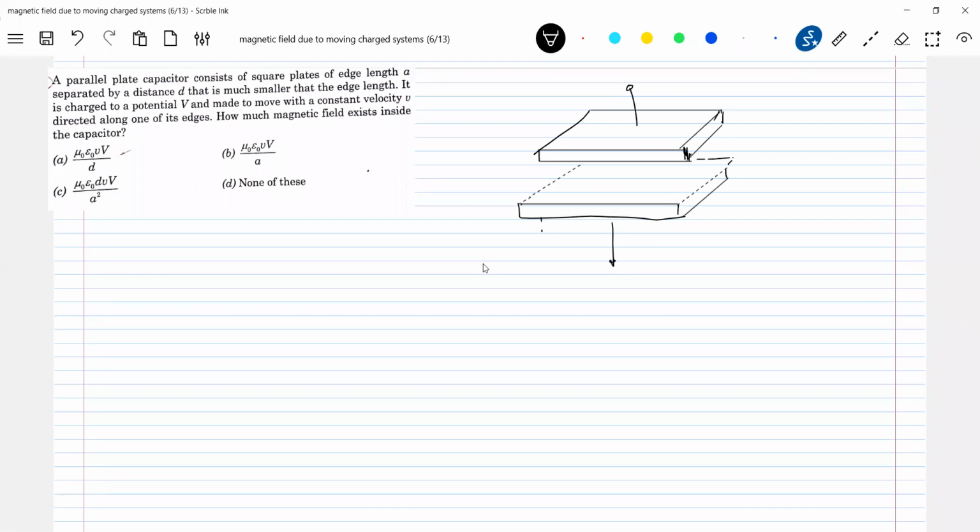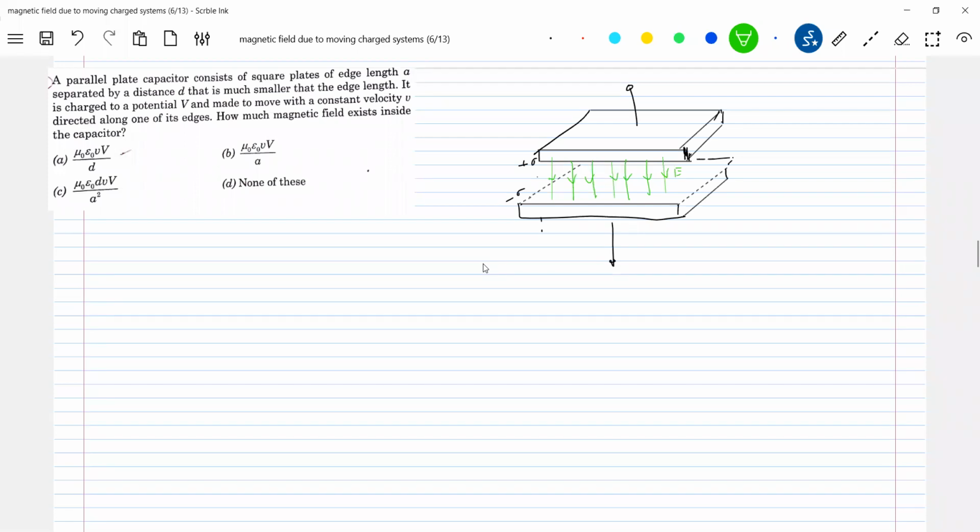This will have positive charge density. This will have negative charge density. And we know the electric field due to these. How these plates are moved and made to move with a constant velocity directed along one of its edges.